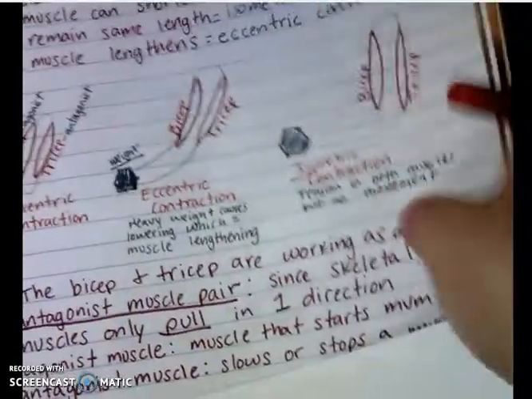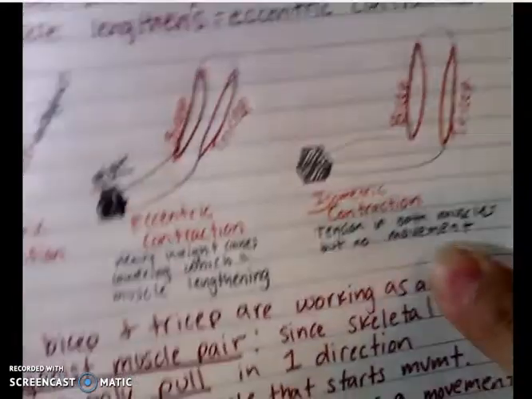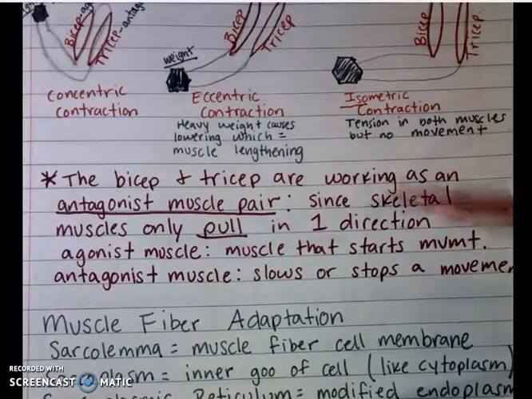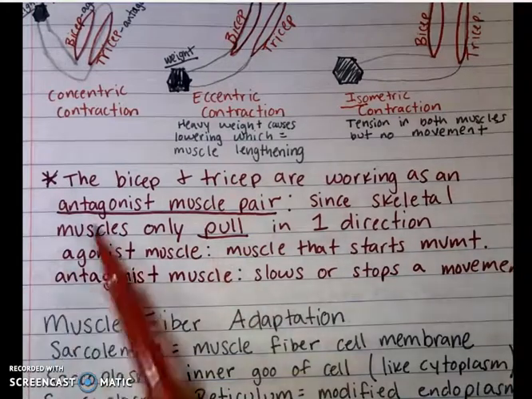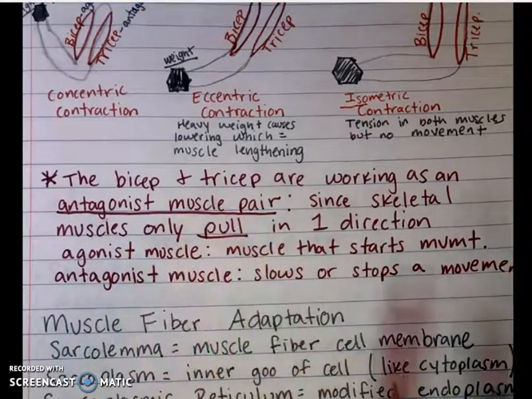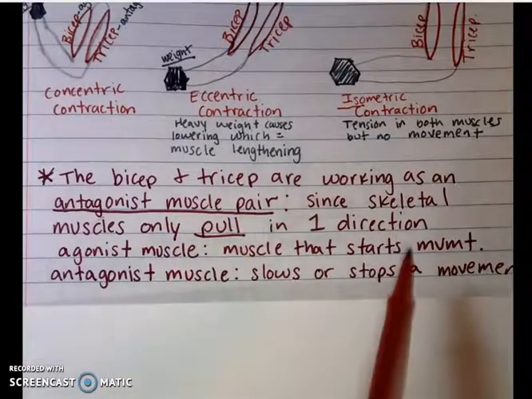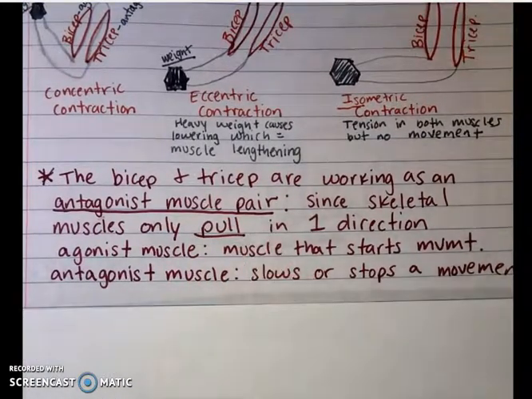So in this example, the bicep and tricep are working as an antagonist pair. Like I said, because muscles really only go in one direction, you have to have the opposite in order for you to return to your original movement.